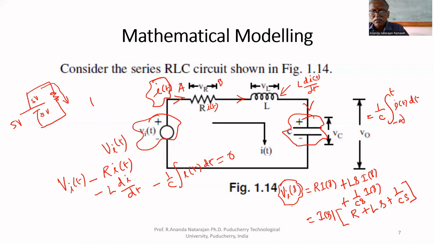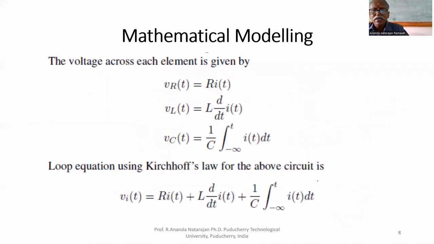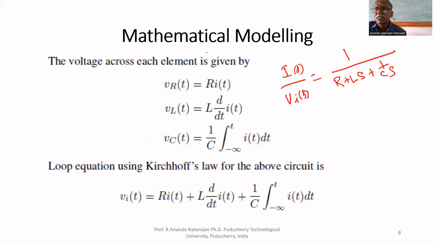Already I told you that I of S is the output. Therefore, we can write I of S upon Vi of S equal to 1 by R plus Ls plus 1 by Cs. Or if you take 1 by Cs outside, you will get Cs upon RCs plus LCs square plus 1.